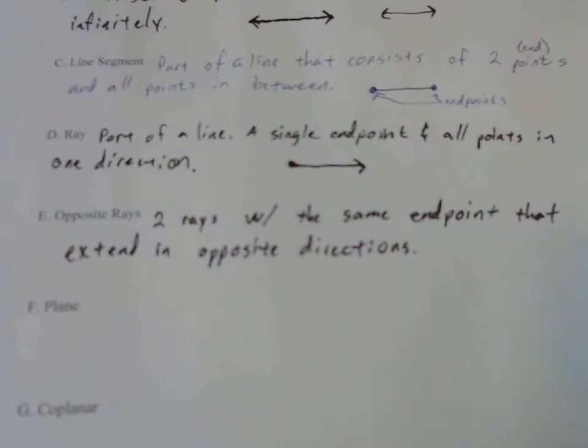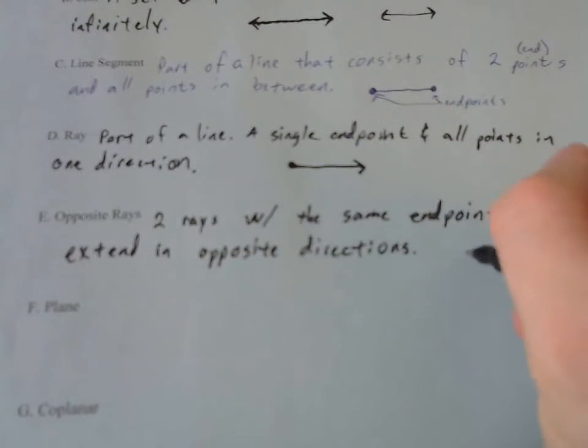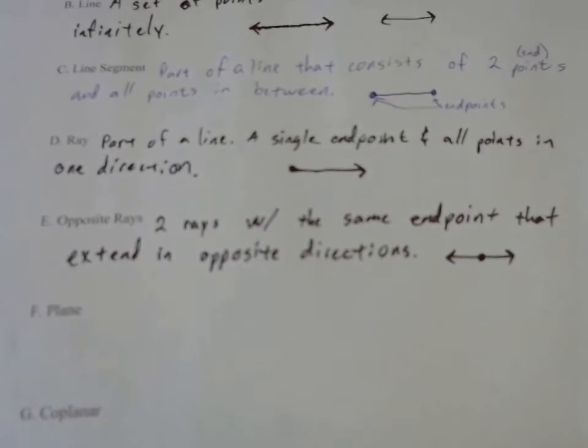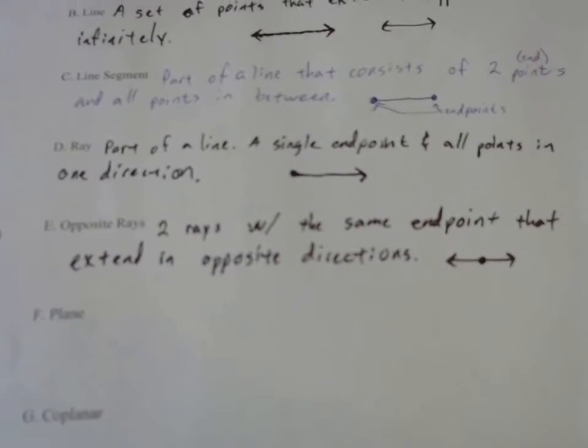So when we look at opposite rays, if I were to draw a picture of opposite rays, in the end, it kind of looks like a line with the one dot in the middle. This would be opposite rays.